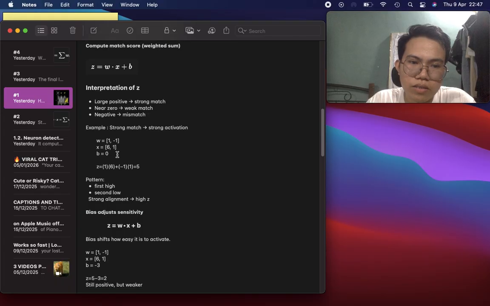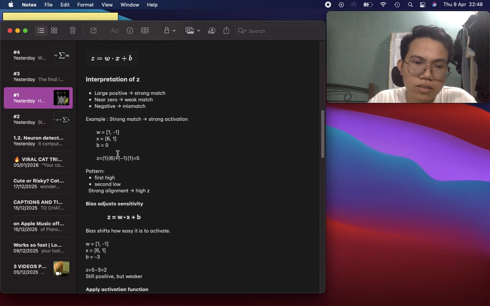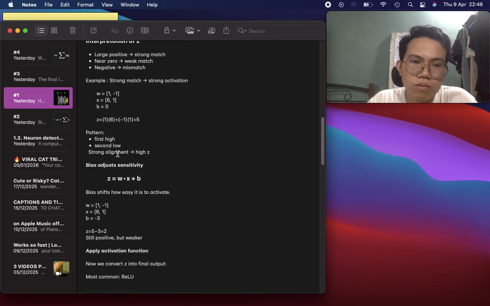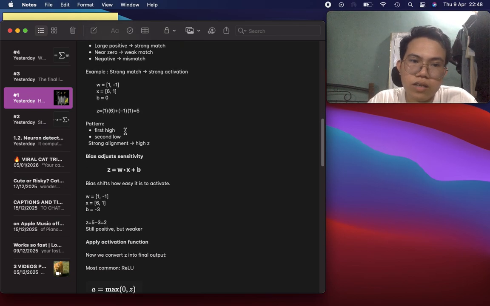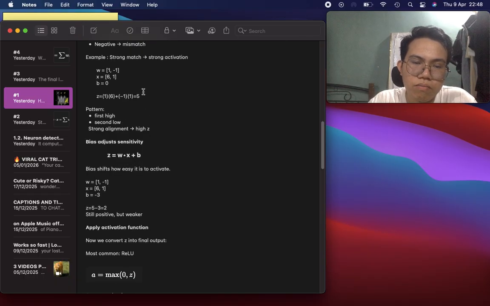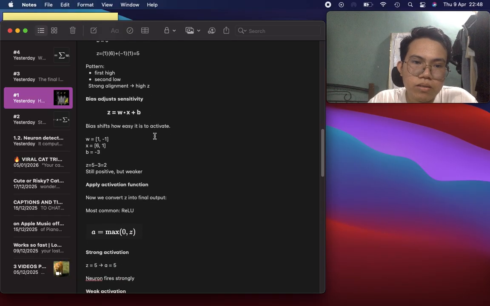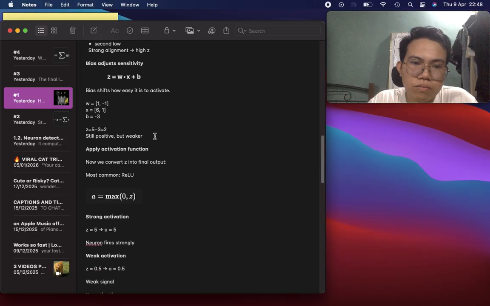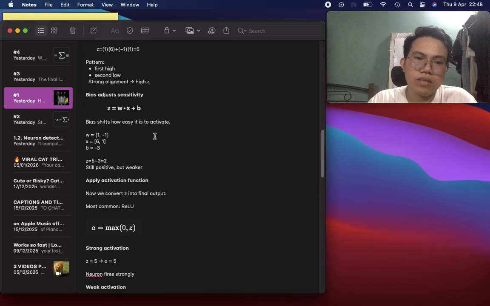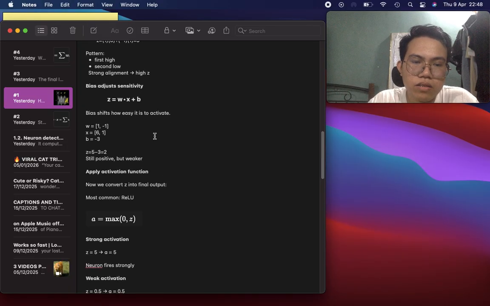And its bias is 0. That is the parameter learned during the training. That is fixed. So the first pattern is high, the second low. So it's a strong alignment. So high Z, positive 5. Now we have the bias shift. How does it affect activation?